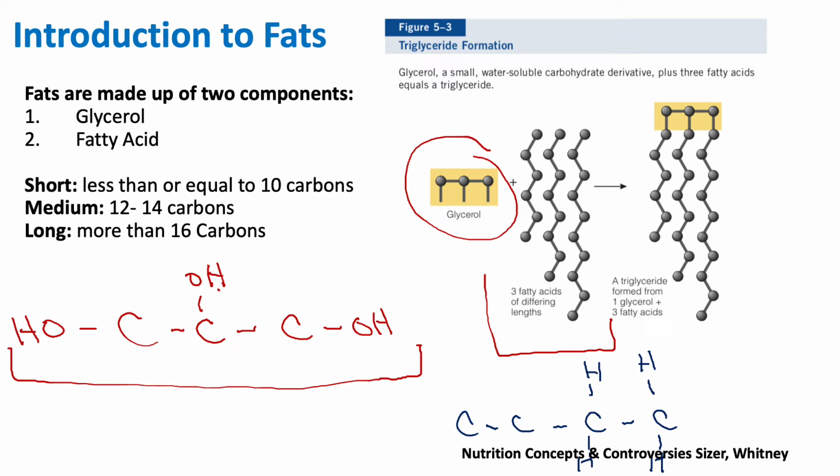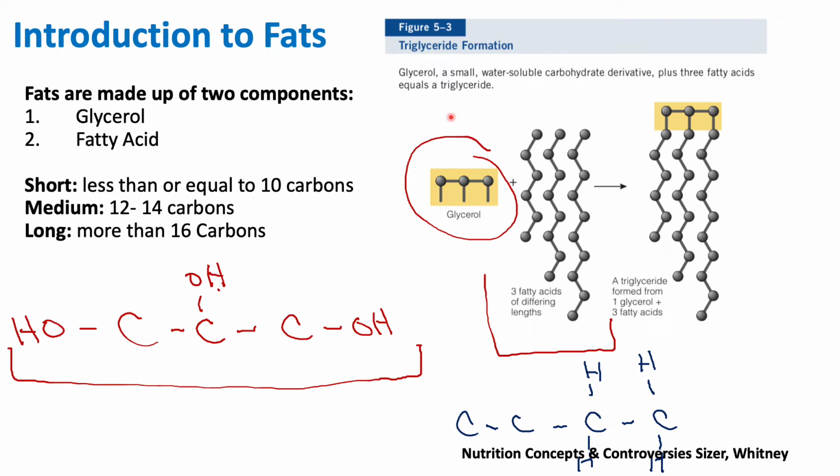So fat is made up of glycerol, and it is made up of 3 fatty acids. So we have 3 fatty acids because we have three carbons in the glycerol backbone, and each backbone needs 1 carbon chain. So each carbon chain, so the first carbon chain would attach here, the second one over here, and the third over here.